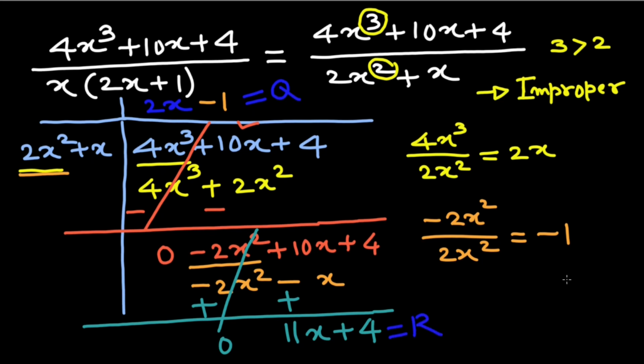So we write quotient equals 2x minus 1 and remainder 11x plus 4.